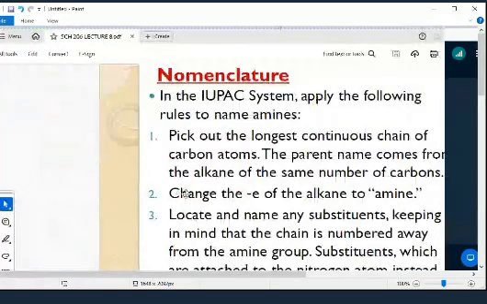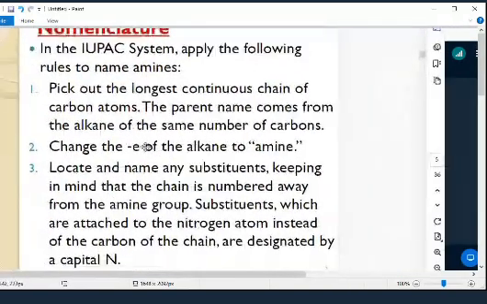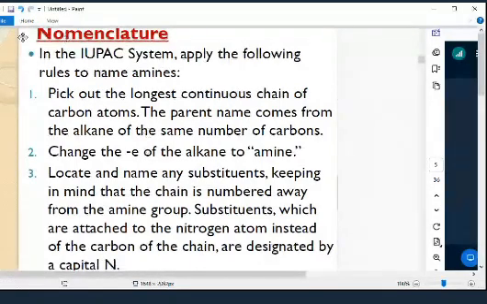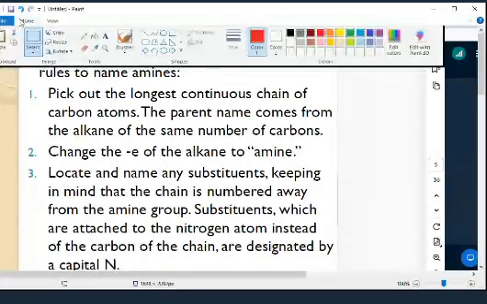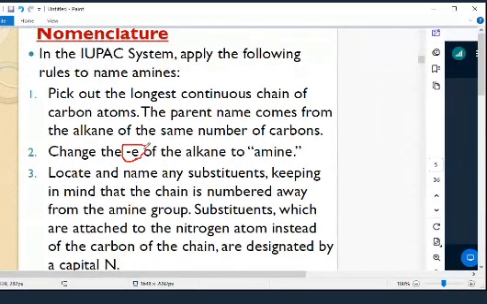When we go to the nomenclature, we have to follow certain rules. The longest continuous chain of carbon atoms gives us the parent name. Then we change the E, very important, with amine.